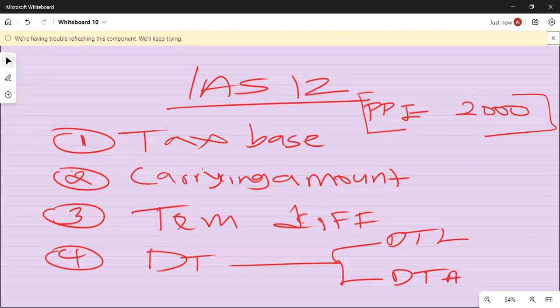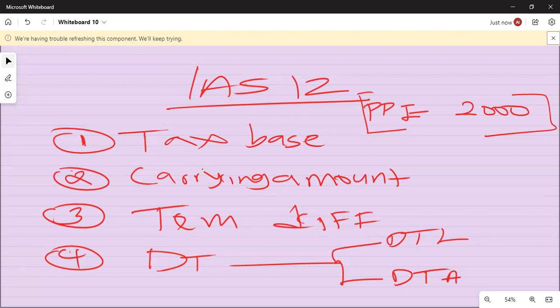So that is what we call the tax base. The tax base is the amount that the tax authority recognizes.